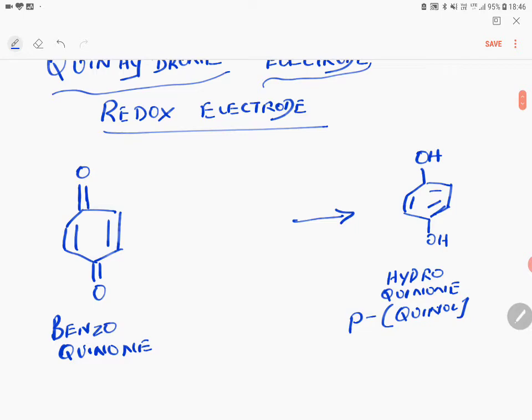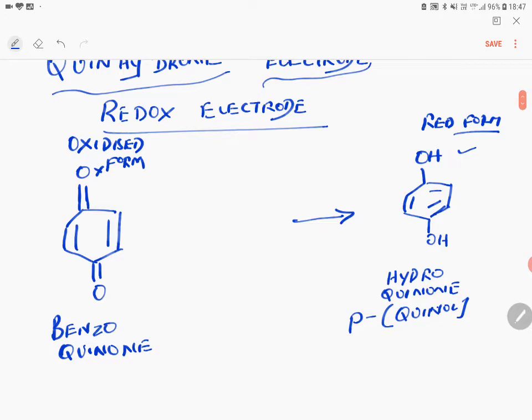So, why is this a redox electrode? Once you say Nernst equation, you should know which is the oxidized form and which is the reduced form. This is the oxidized form. This is the reduced form. Why reduced form? See, here hydrogen is not there, here hydrogen is there. So, addition of hydrogen is called reduction.